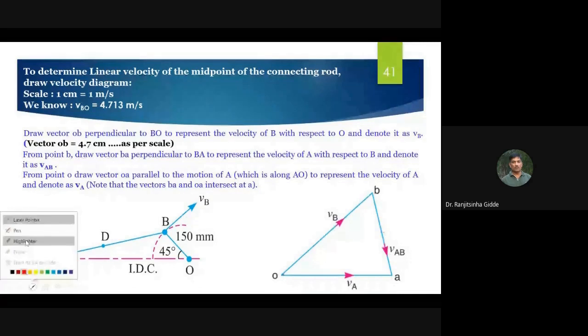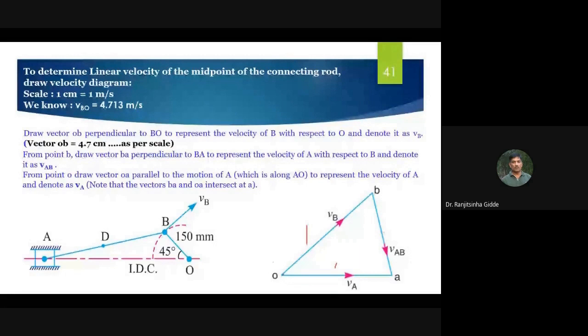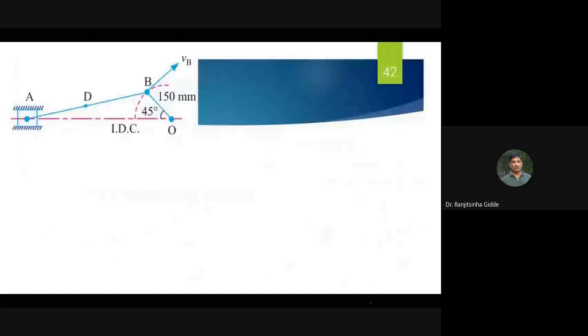So this one is the first, this is the second, and this is the third. Up to this point we have completed. Then the velocity diagram is carried forward on the next slide.